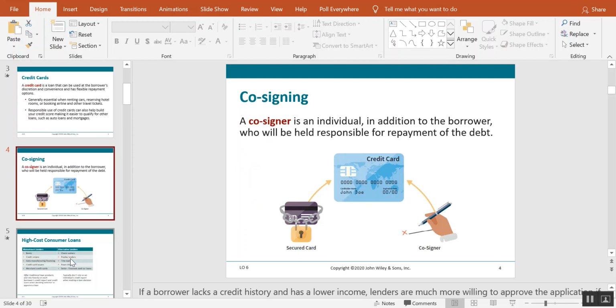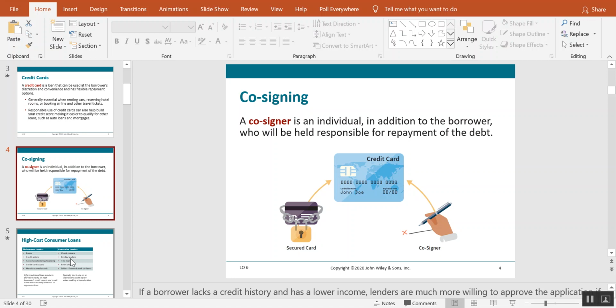If you're having difficulty getting credit, if you don't have any credit, you've never borrowed money before, or something like that, oftentimes a lender will take a cosigner on your account in order to issue you either a credit card like they show here, or some kind of loan.